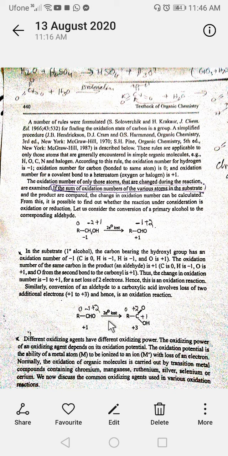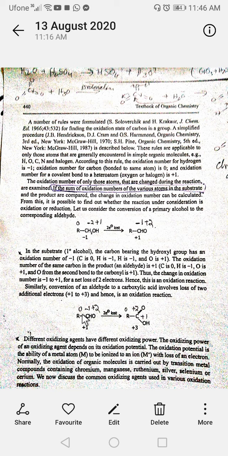Here the oxidation state of this carbon is +2 for the double bond to oxygen, +1 for this oxygen, so the sum will be +3. So +3 is the oxidation state of the carbon in the product. So what has happened? +1 to +3.